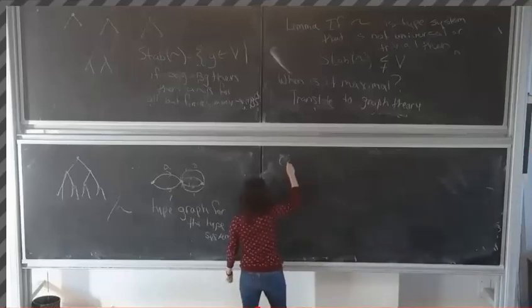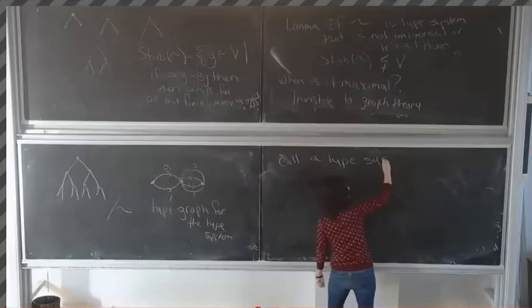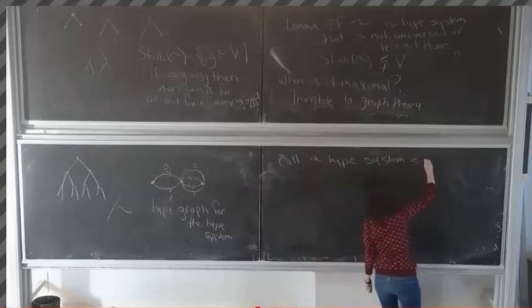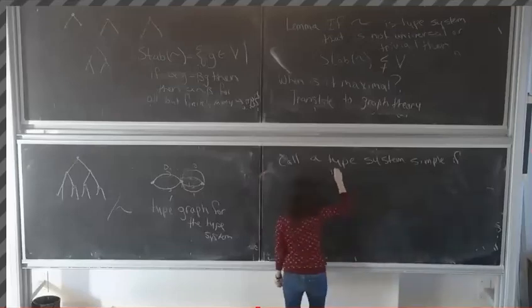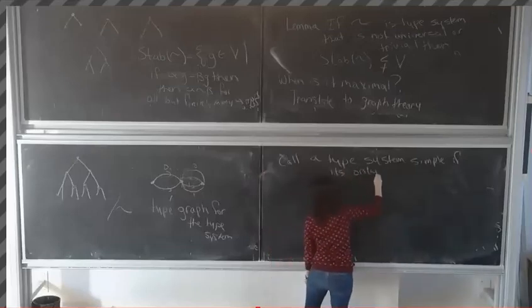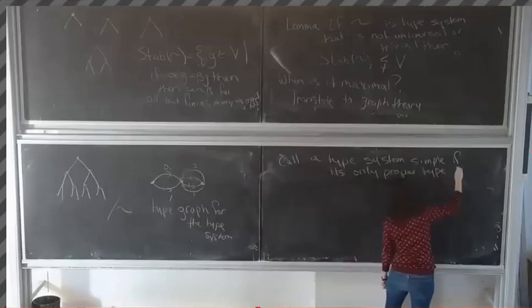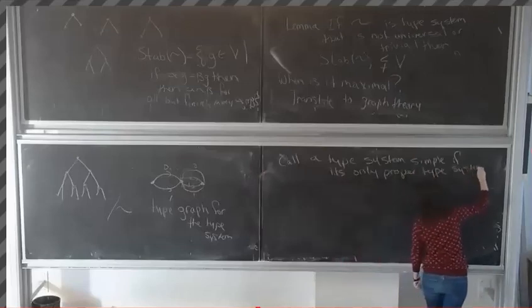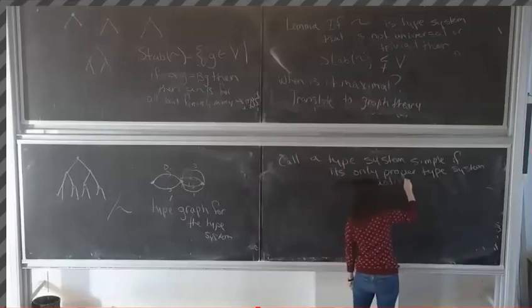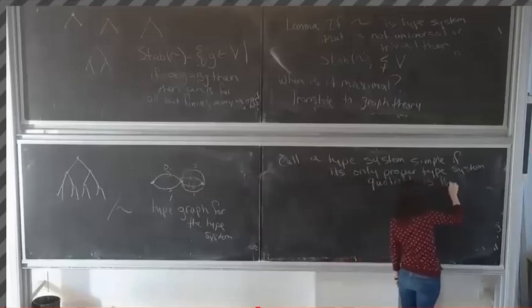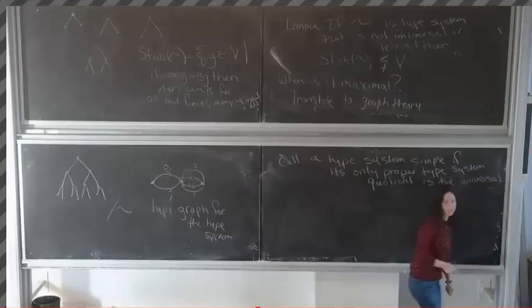So let's call a type system simple if its only proper type system quotient is the universal one, the universal relation.